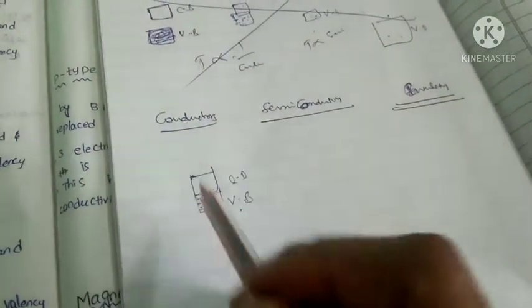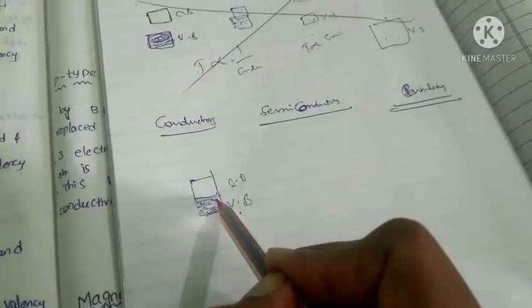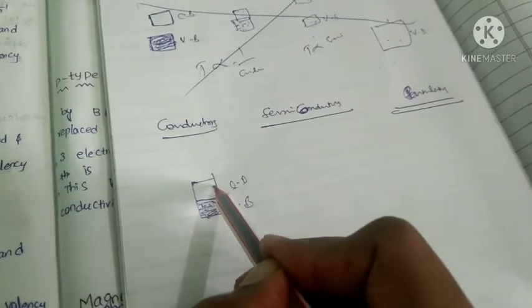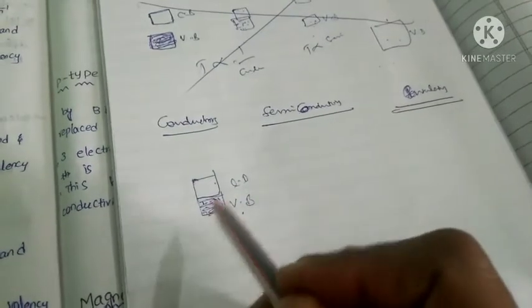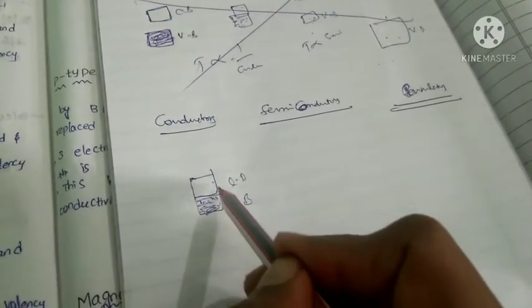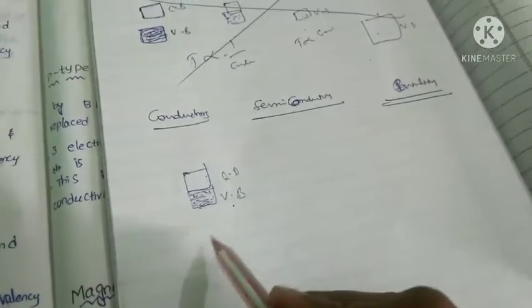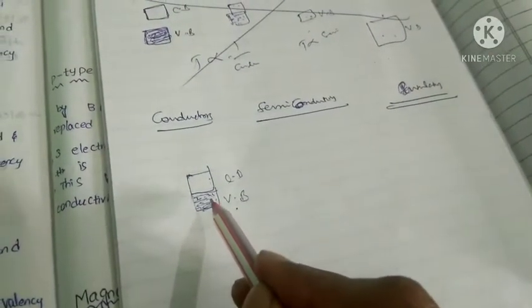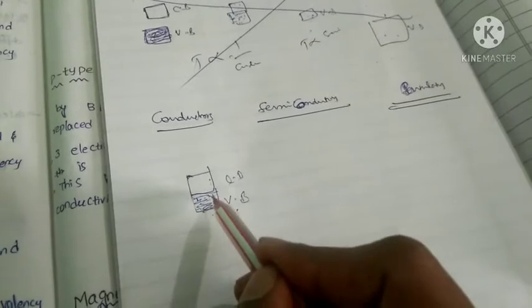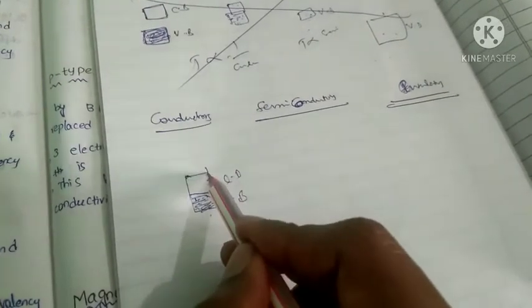In the case of conductors, this valency band overlaps with the conduction band. So what? When this valency band overlaps with the conduction band, when you apply electricity through this substance, the electrons which are present in the valency band easily jump to the conduction band.